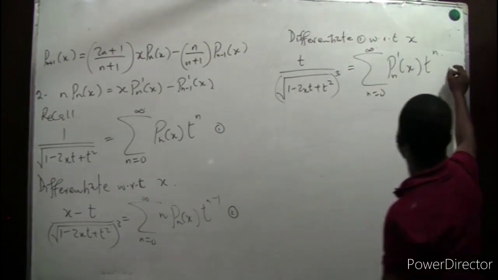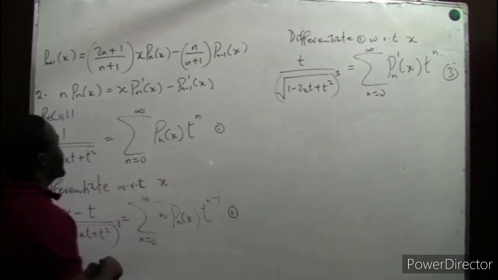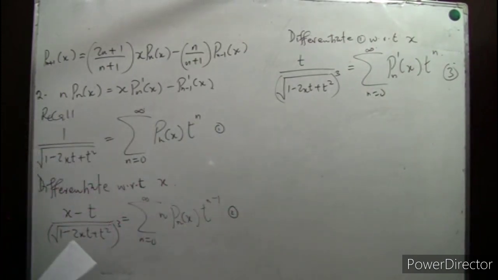We call this one equation 3. We did that because in the relation there is a derivative of P.